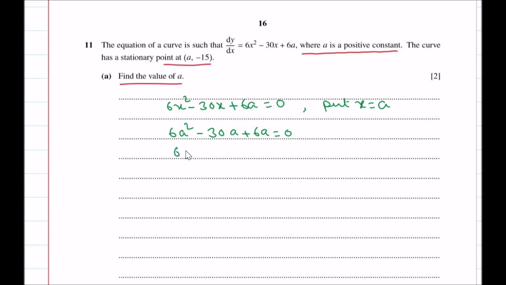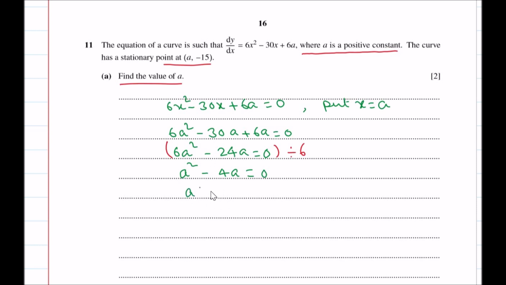Now what we can do? Let us simplify the like terms. So 6a square, and minus 30 plus 6 gives us minus 24a equal to 0. Now we can divide all the terms by 6. So we get a square minus 4a equal to 0. How? We divided the whole equation by 6 because 6 is the common factor. Okay. Now we can factorize this to solve.